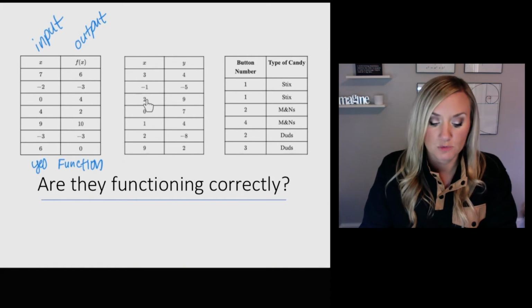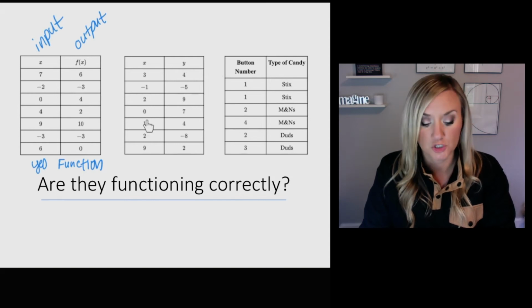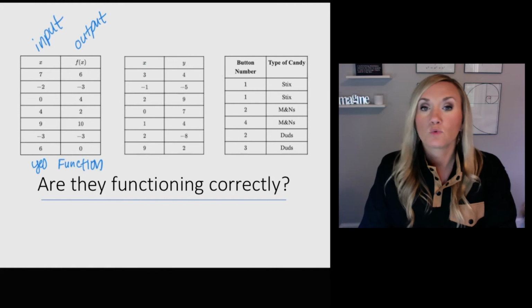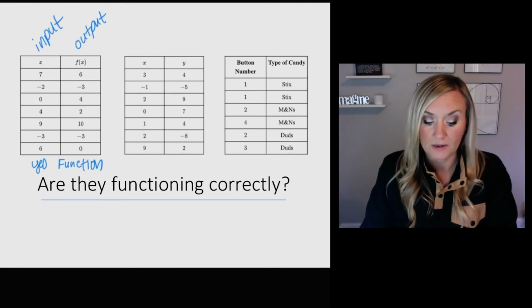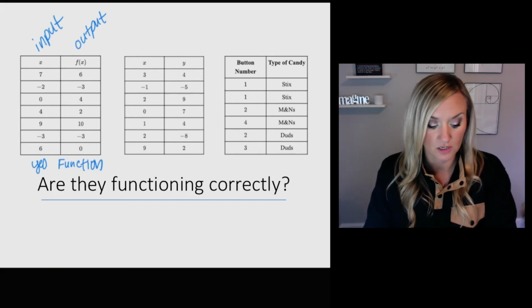So that means this person went up and pushed button 2 and they got a 9. Then another person walked up and pushed 2, but they got a -8. That's what makes this not a good working machine. That's what makes this list of ordered pairs not a function, because it's not functioning correctly.